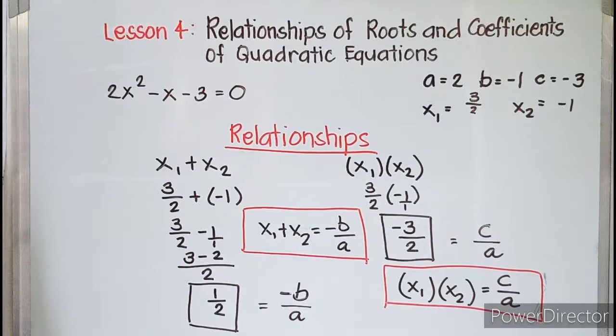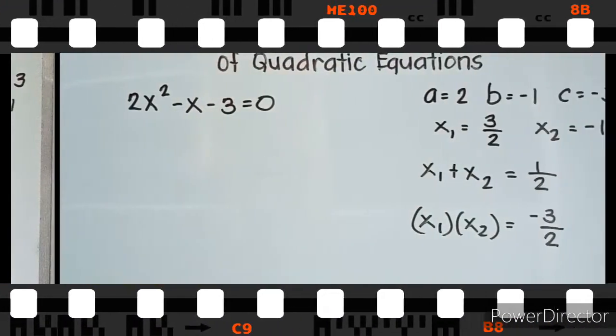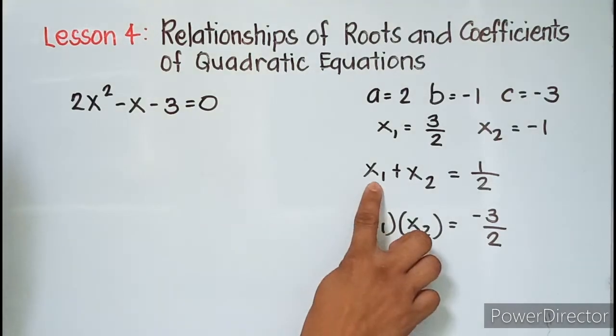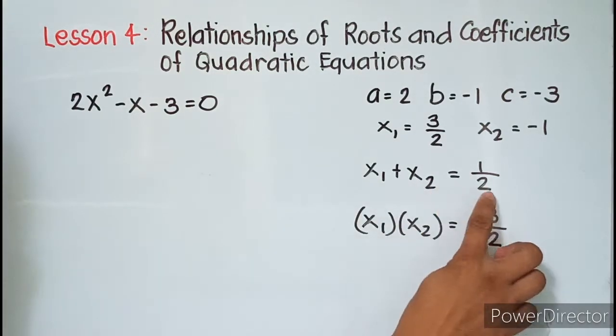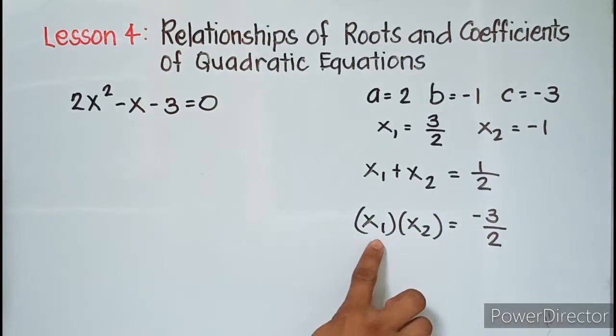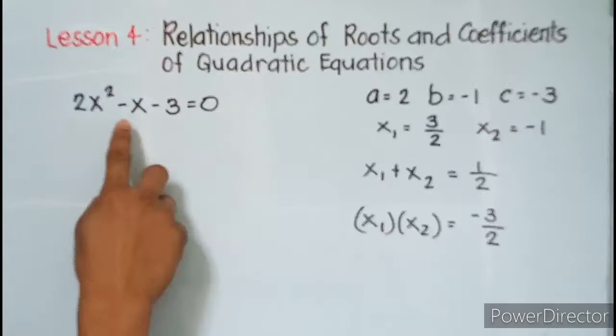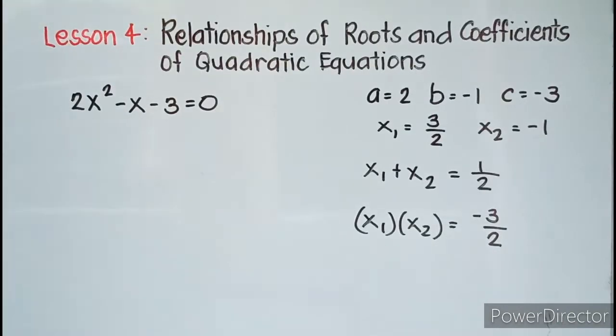ng quadratic equations. Using again our example, 2x squared minus x minus 3 is equal to 0. Kanina, ang ating x sub 1 plus x sub 2 equals 1 half. Then, ang ating x sub 1 times x sub 2 equals negative 3 over 2. Ngayon, let's go back to our given.